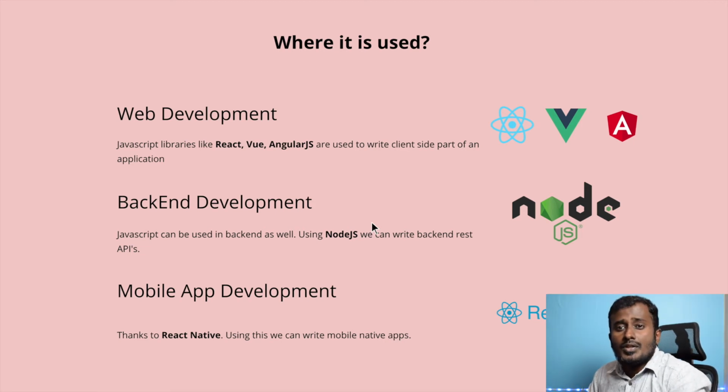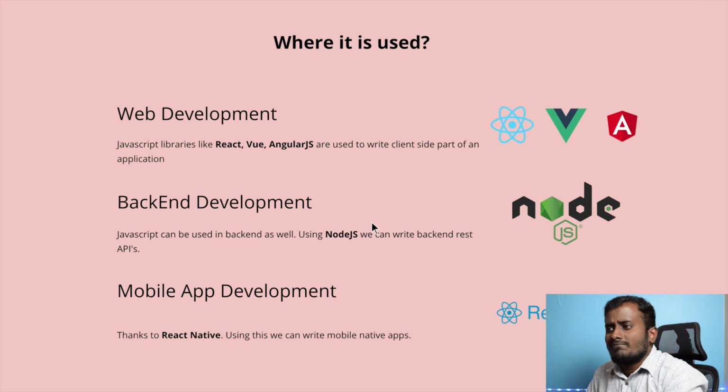In the backend, we use Node.js as a runtime to write web APIs, and we'll be using React Native for mobile app development. React Native is a very famous and awesome framework to write mobile apps, natively, in both iOS as well as Android. So it gives a lot of advantages as well.